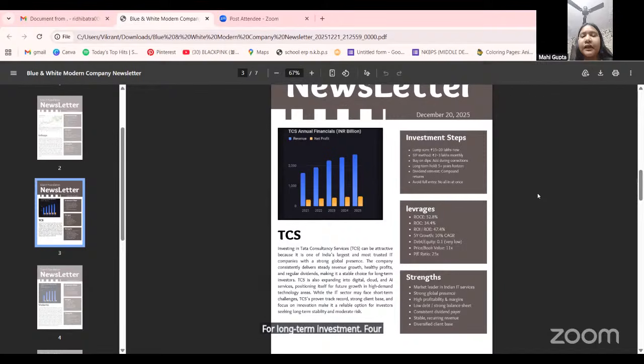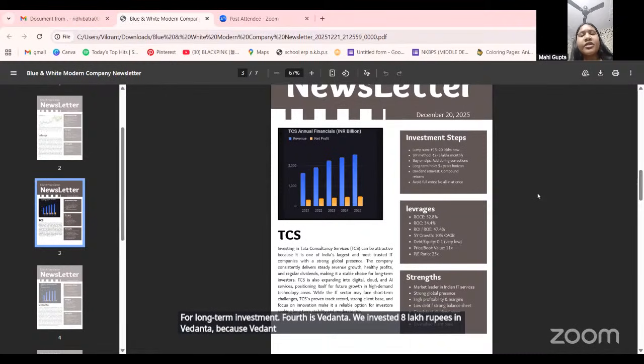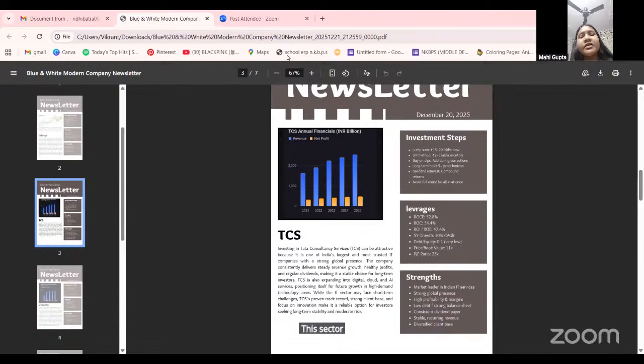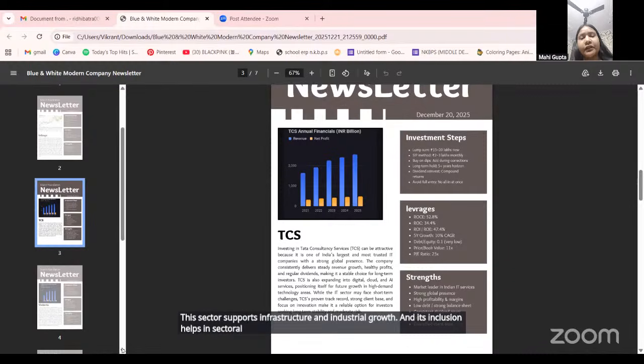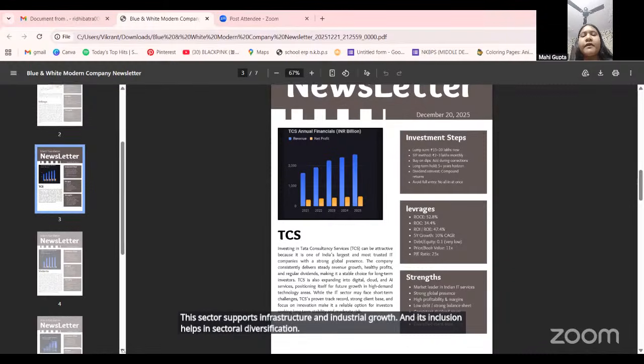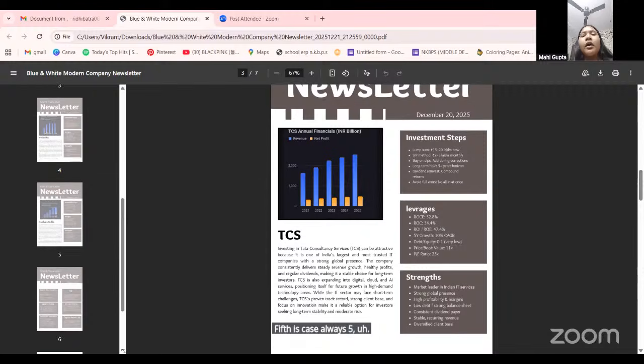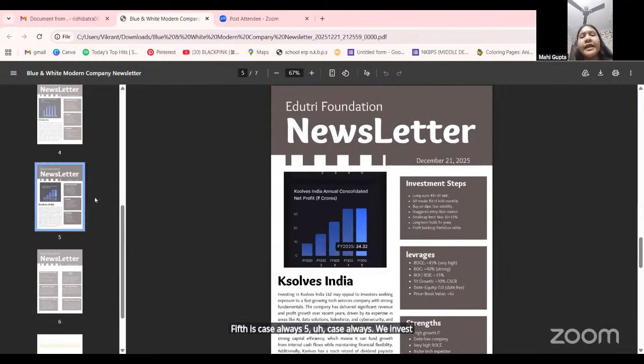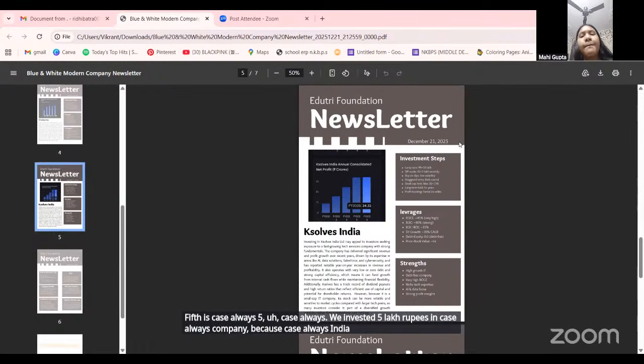Fourth is Vedanta. We invested 8 lakh rupees in Vedanta because Vedanta represents the natural resources sector. This sector supports infrastructure and industrial growth, and its inclusion helps in sectoral diversification. Fifth is K Solves. We invested 5 lakh rupees in K Solves because K Solves India is a comparatively smaller company.